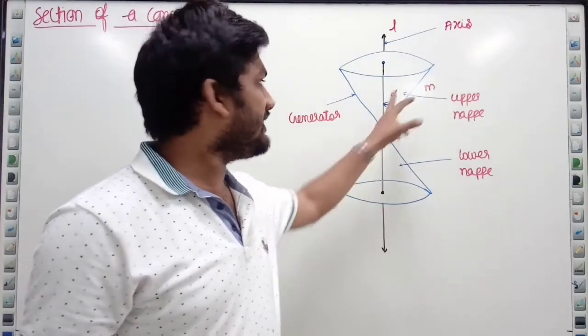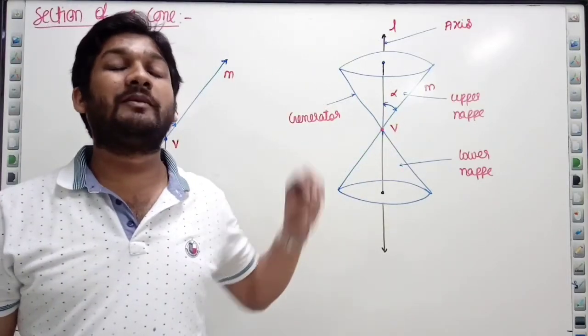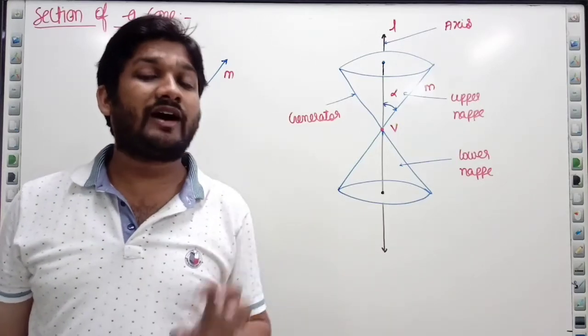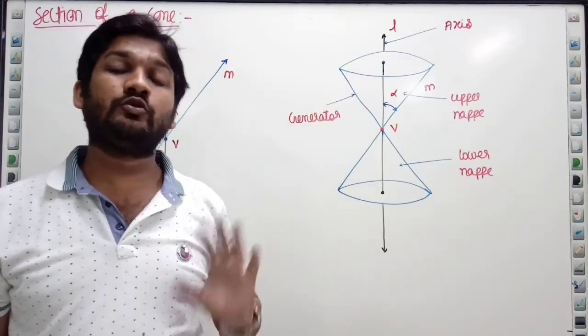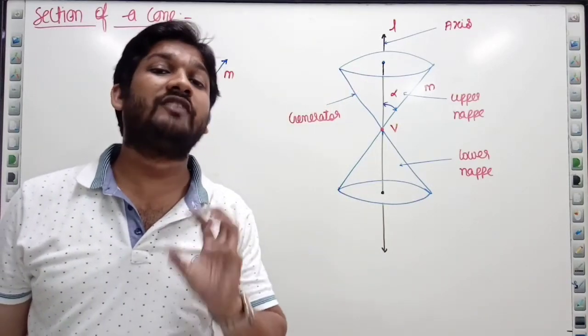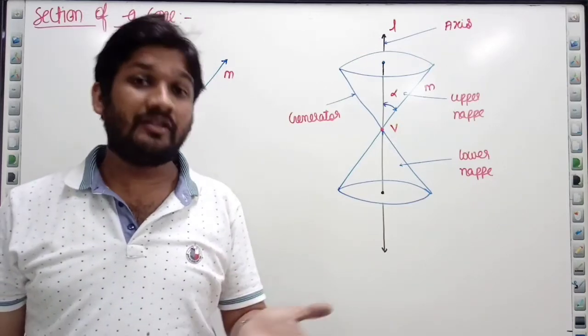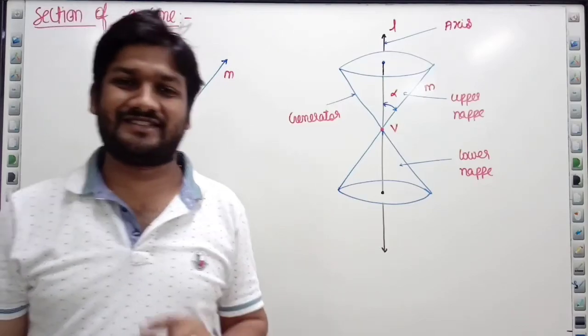And V is the vertex, alpha is the angle we already know. Now this double napped cone, or simply I will name it a cone, if I intersect a plane with this cone, I will get different sections, and these will be known as conic sections. Now how we get different sections, we will discuss.